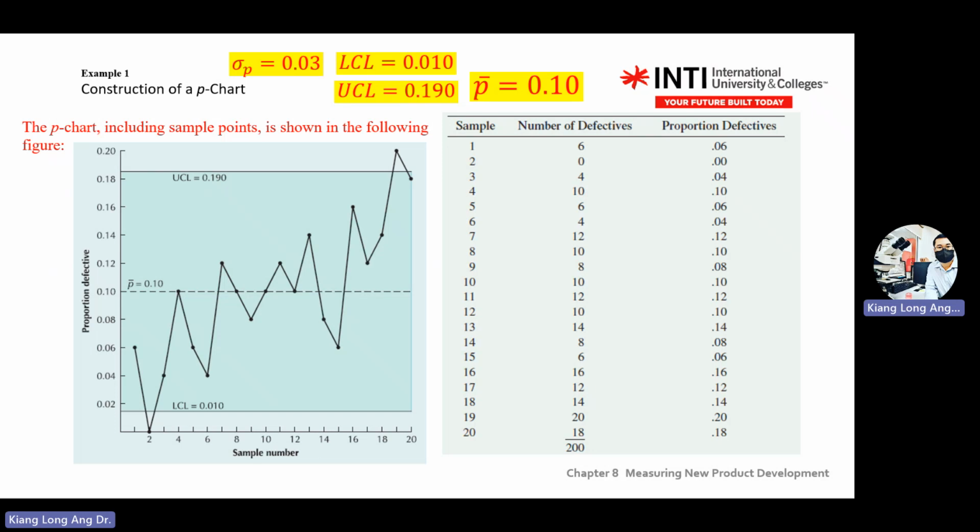You need to know how to interpret the chart, either in control or out of control. In this case, there are 2 points out of control, but most of the data is still within the UCL and LCL. However, there's an uptrend towards the UCL, so some corrective action is needed. It means the machine needs to be tuned back to the mean value.